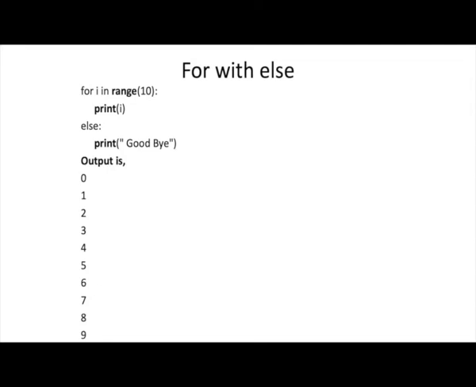We print the value of i, from 0 to 9. In the else part we have a statement print goodbye. So, this print goodbye will be executed once we have exhausted the for loop, that is the range from 0 to 9. At the end of the value 9, we get goodbye printed.